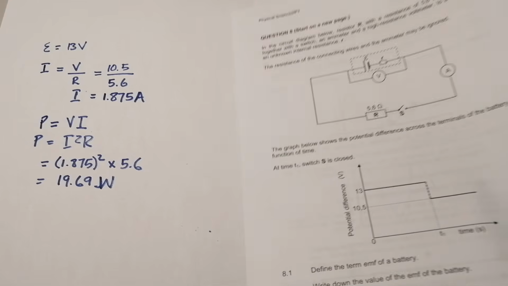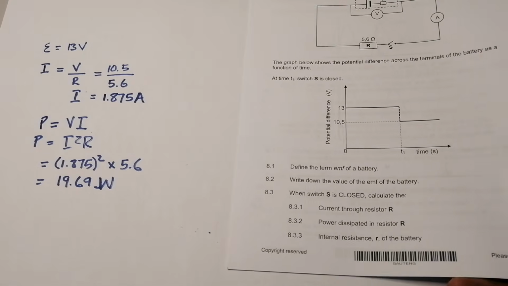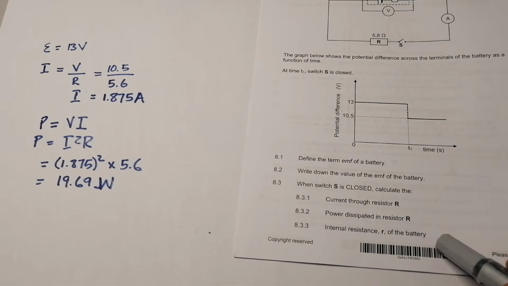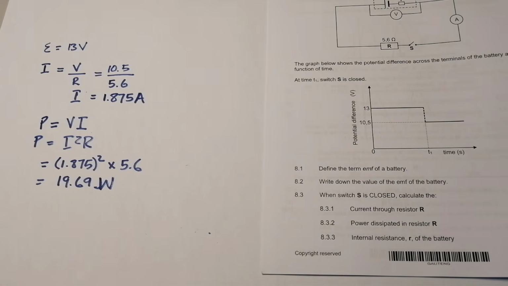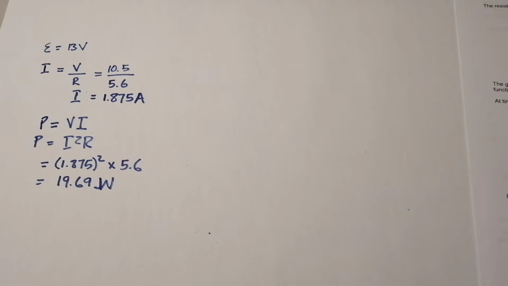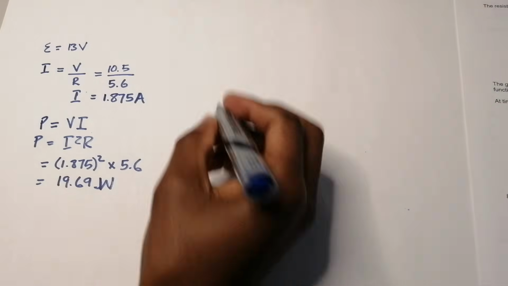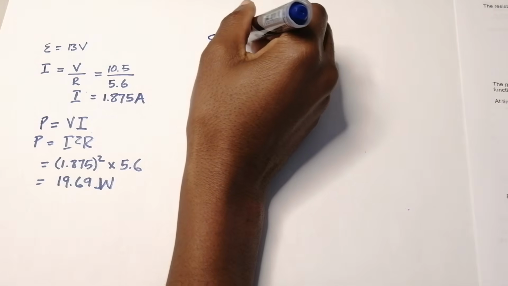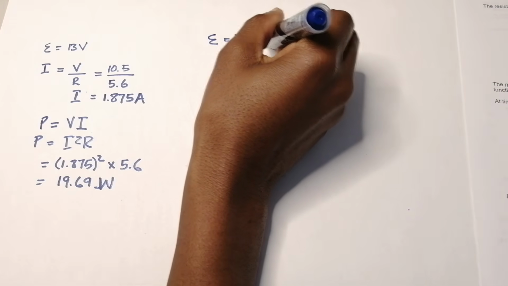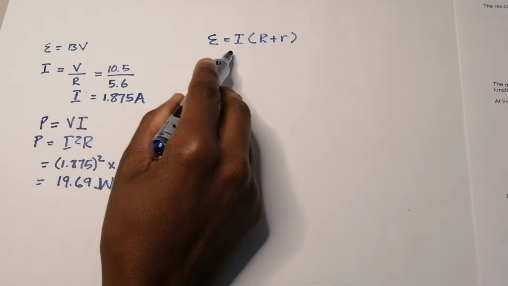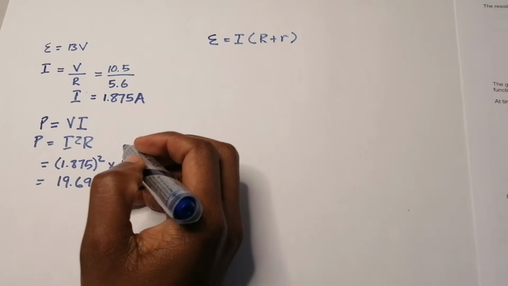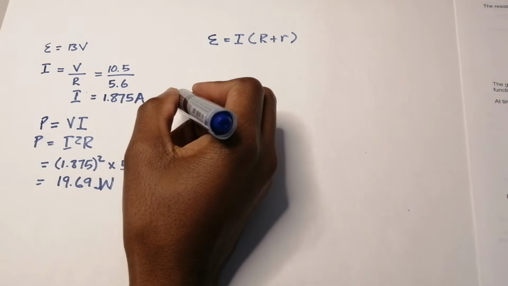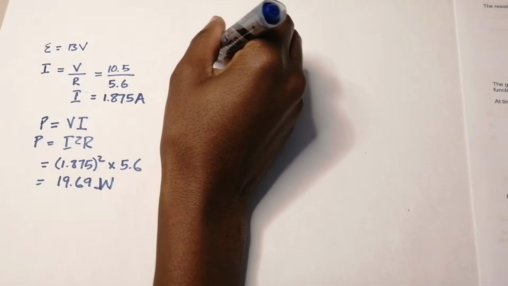And then quickly, just to show you, ladies and gents, they said calculate the internal resistance of the battery. So now that you know the external resistance, and you also know everything else about the circuit, you can use E is equal to I into R plus small r. Remember, we use the total current, and here we use the external resistance. So the EMF, we said that's 13.